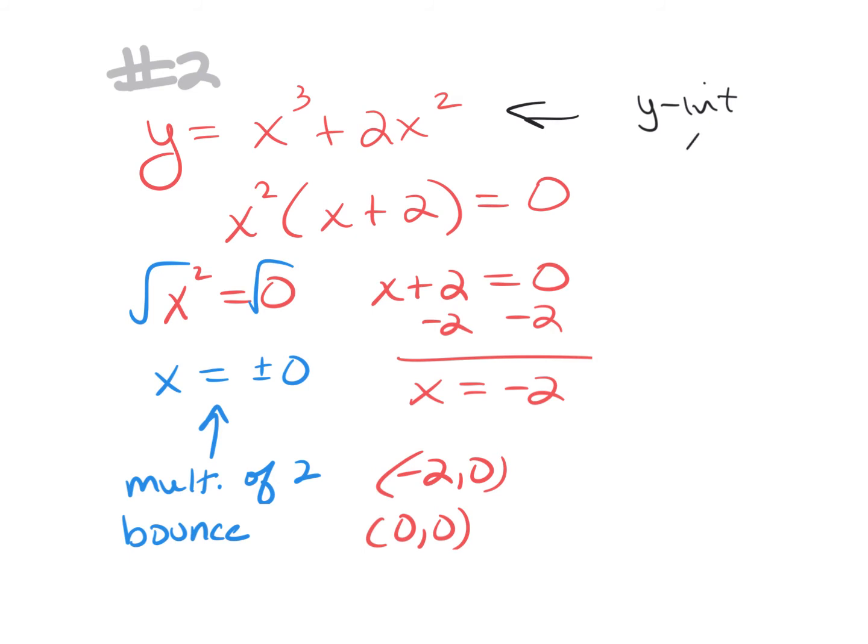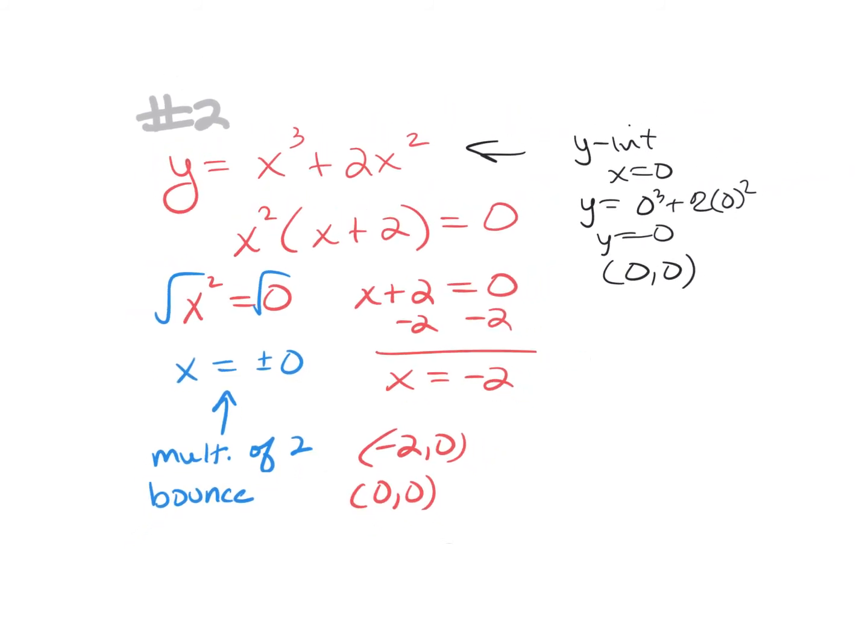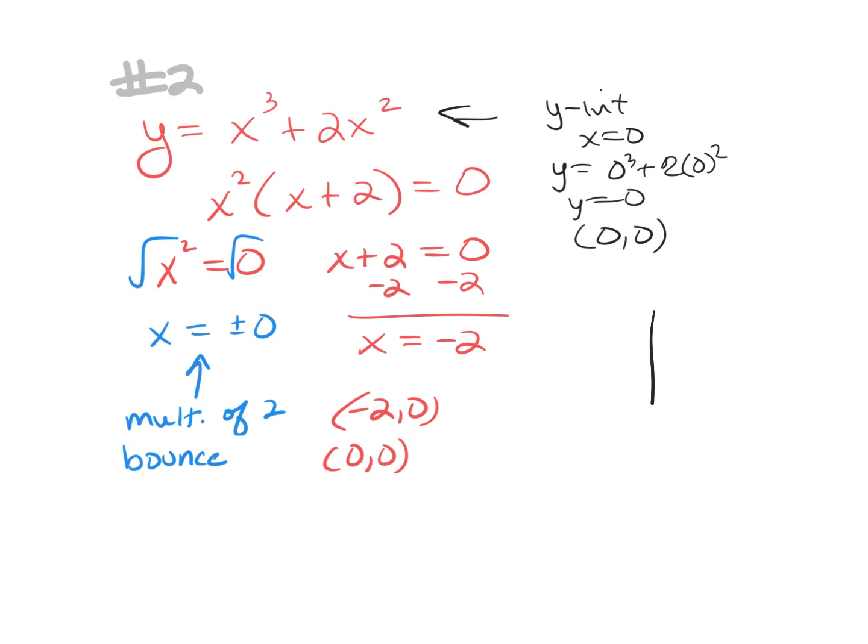So if you set x equal to 0, y equals 0 to the third plus 2 times 0 squared, which just gives you 0. So my y-intercept is also (0, 0). So let's go ahead and create our coordinate plane here. And I'm going to graph negative 2.